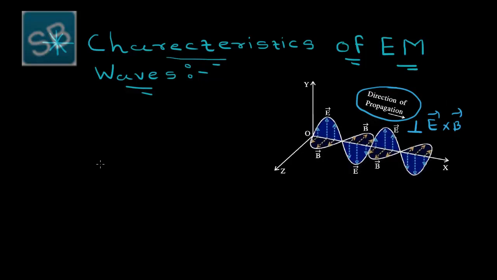Now we can see an electromagnetic wave is propagating only in the x direction. So here the electric field is lying in the xy plane and is parallel to the y-axis.